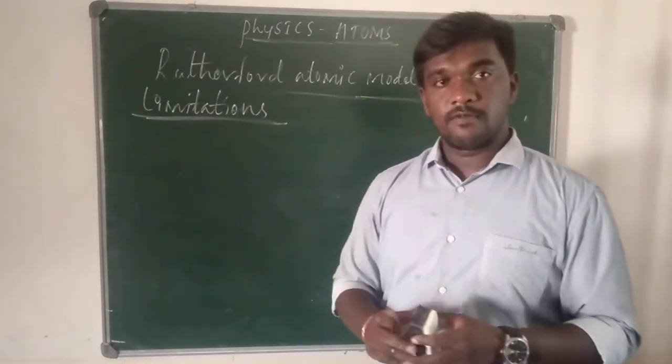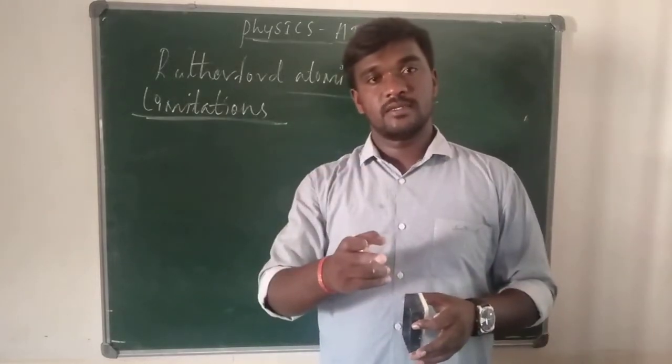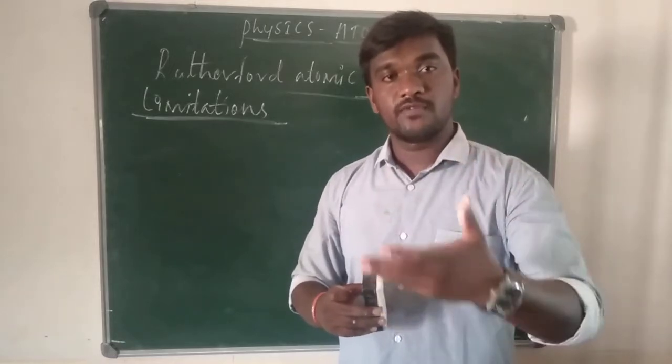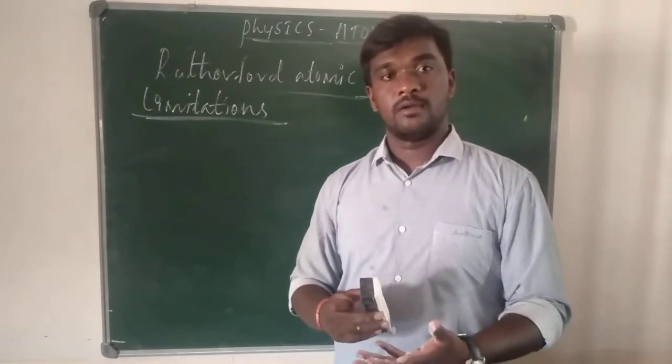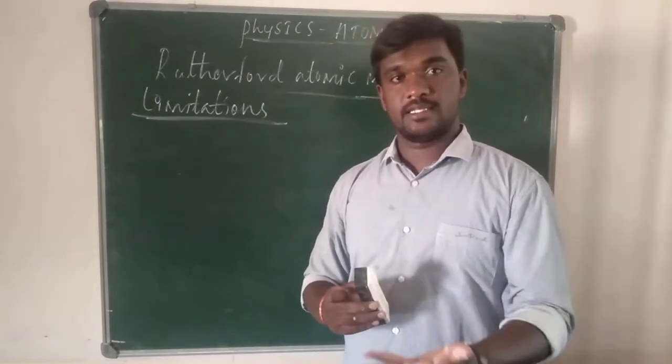That means when the electron is revolving around the nucleus, it radiates energy and loses energy. The energy of the electron decreases.